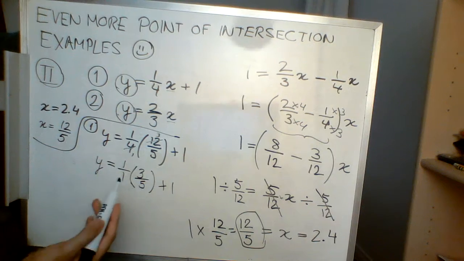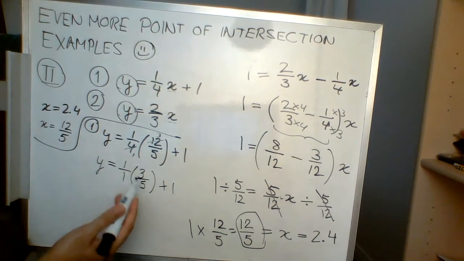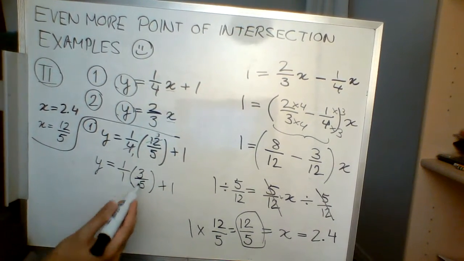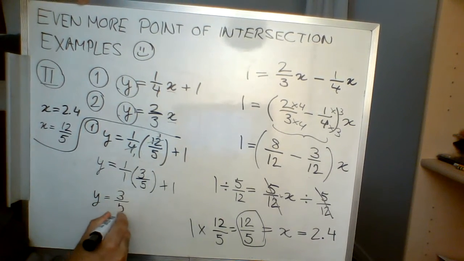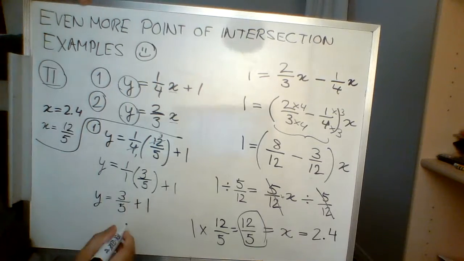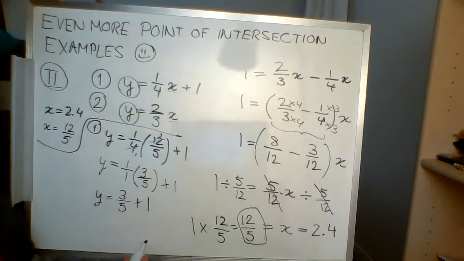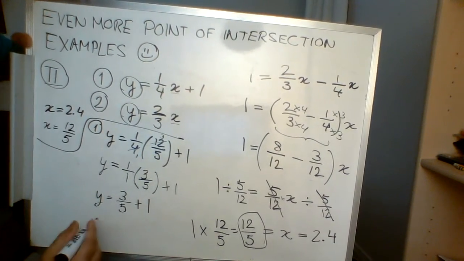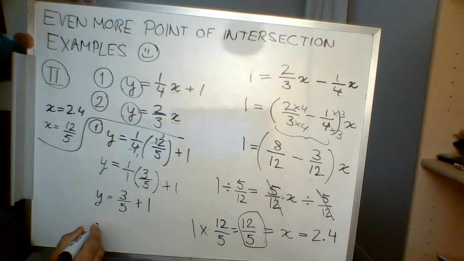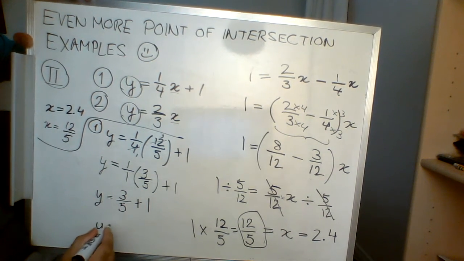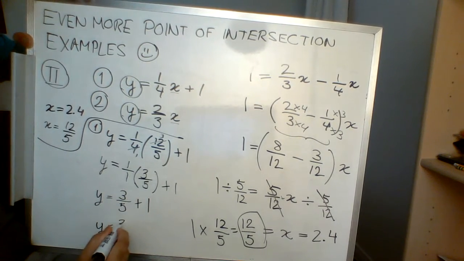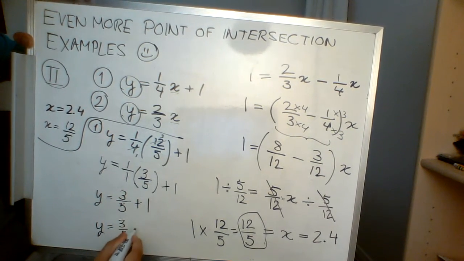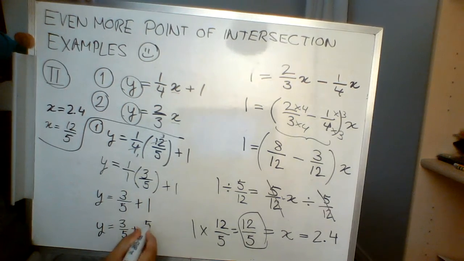And so, well, 1 over 1, that's just 1. So 1 times anything is just going to be whatever that second thing is. So we get y is equal to 3 over 5 plus 1. Now we can add these together. You could write it as a mixed number and just say y is equal to 1 and 3/5, or you could rewrite the 1 with a common denominator and write it as 5 over 5, right?